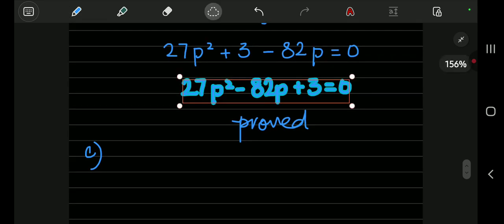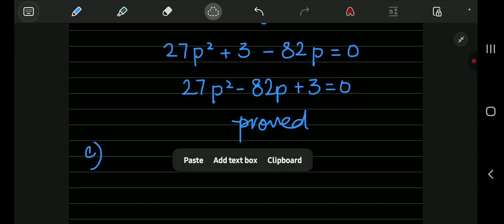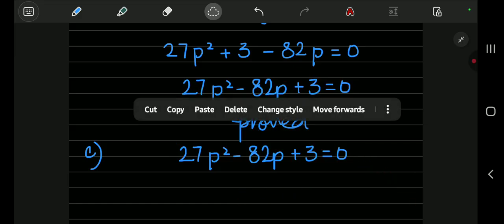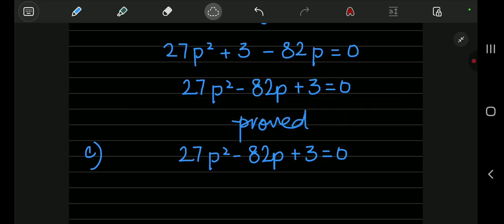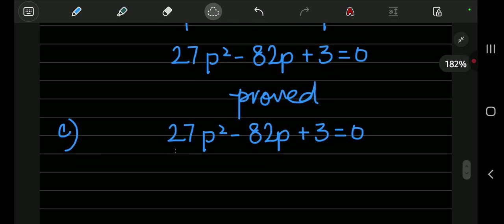So we know how to solve a quadratic equation. 27 times 3. It would be easier for us to solve it.